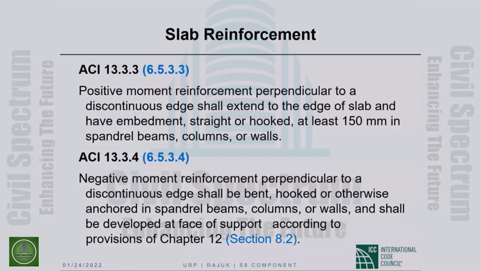So this is anchorage of positive reinforcement at the discontinuous edge. Negative moment reinforcement perpendicular to a discontinuous edge shall be bent, hooked, or otherwise anchored in spandrel beams, columns, or walls, and shall be developed at face of support according to section such and such.